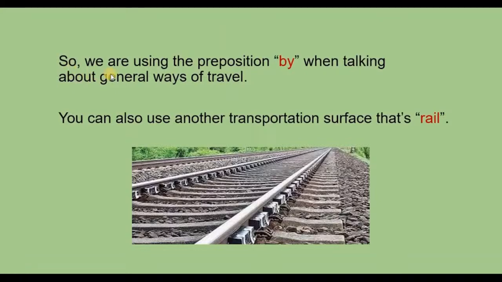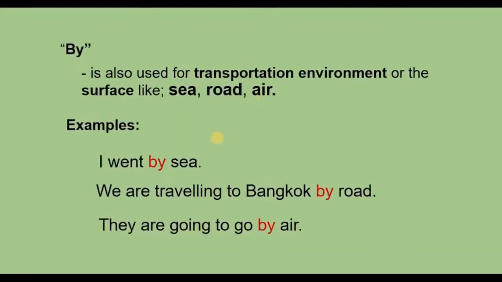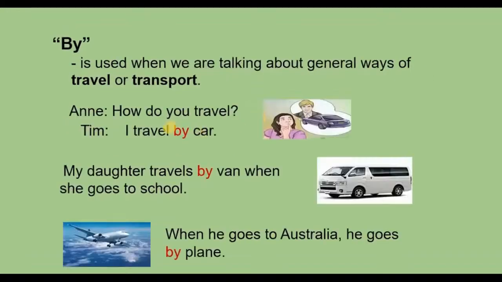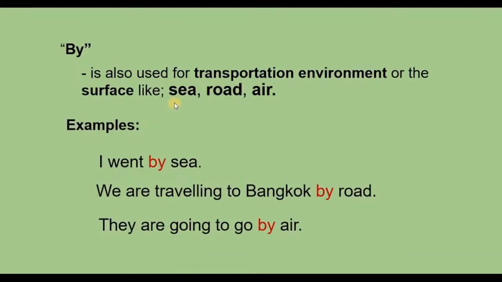So, again, we are using the preposition by when talking about general ways of travel. So you have the example: you travel by car, you travel by van, you travel by plane, and you also travel by sea, road, and air.